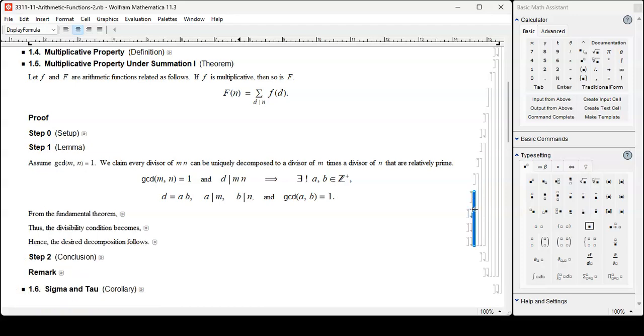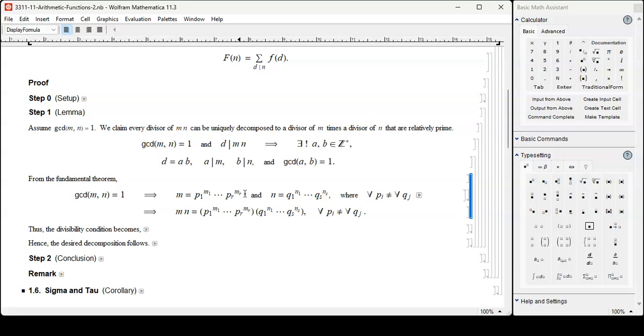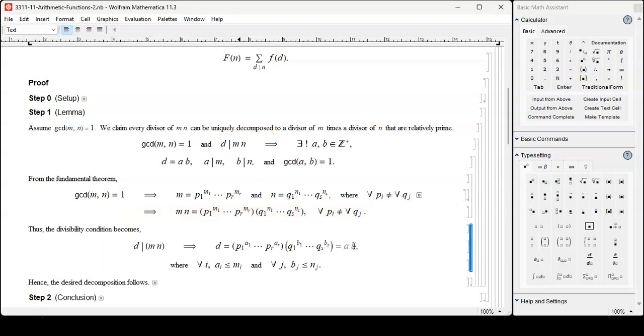Remember that? From the fundamental theorem, m and n can be written as prime factorizations, and they do not share any prime factor. m times n, written all the way like this, no sharing, so they're all distinct. And then for divisibility, we have just all prime factors, all p's and all q's, with appropriate powers less than or equal to those of m and n, respectively.